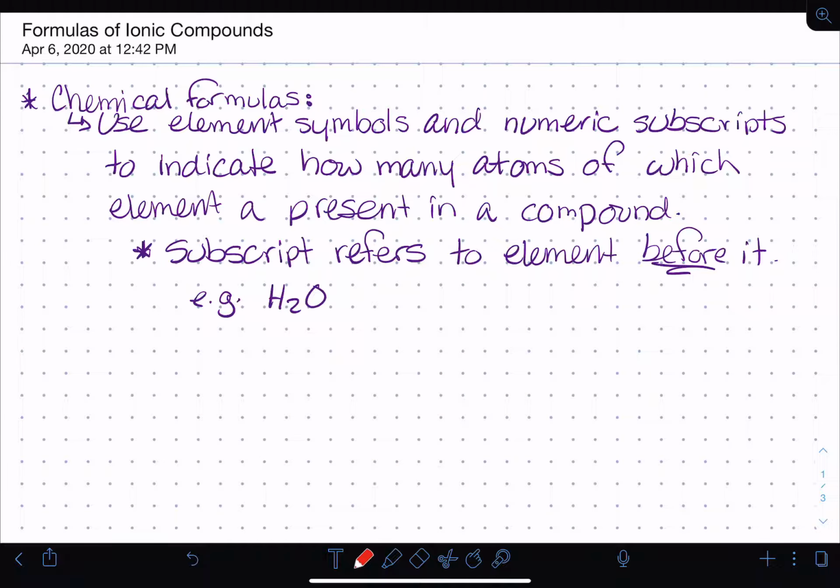The 2 is referring to the hydrogen. So the subscript is always telling you how many atoms there are of the element before it. So H2O consists of 2 atoms of hydrogen and 1 atom of oxygen.